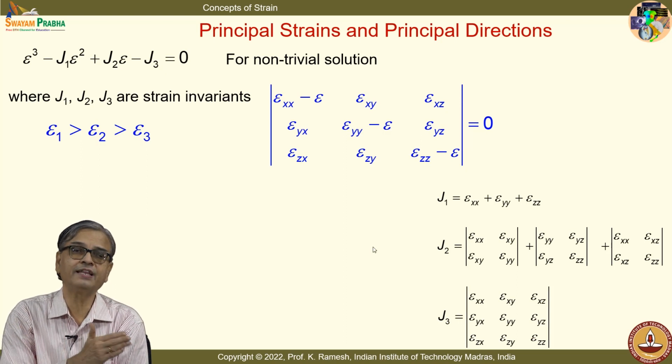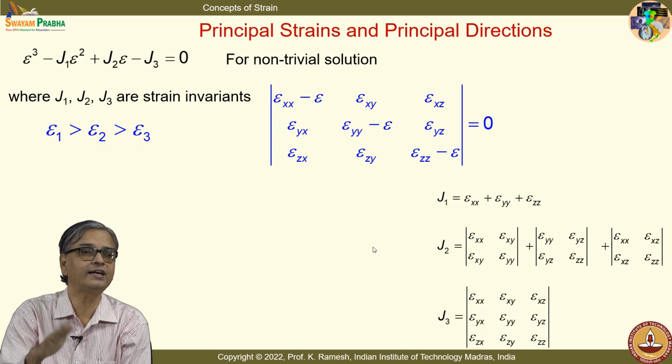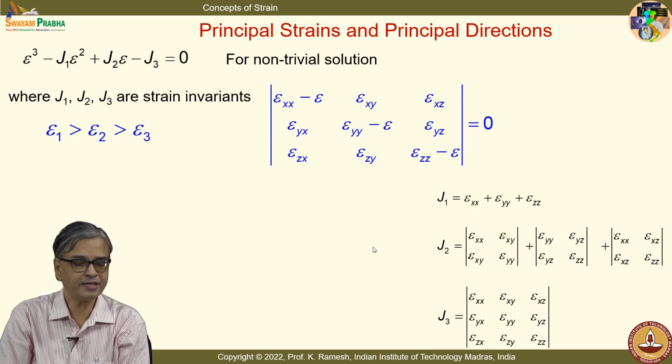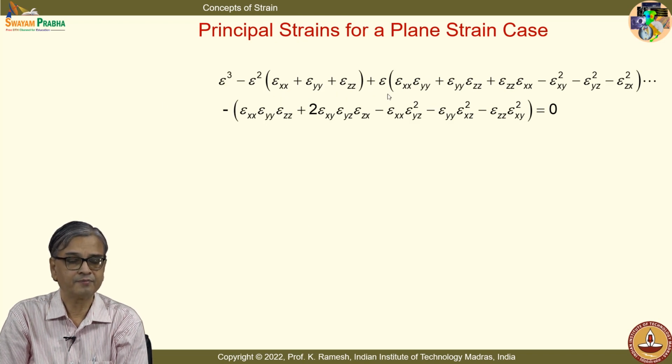And like what we have seen in stresses, I have a cubic in a 3-dimensional situation. I simplify when I look at only in the xy plane, knock off all quantities related to z. Same thing I do here also. When I write J1, J2 and J3, they are expanded in this form, and J2 is epsilon xx epsilon yy plus epsilon yy epsilon zz plus epsilon zz epsilon xx minus epsilon xy whole square minus epsilon yz whole square minus epsilon zx whole square.